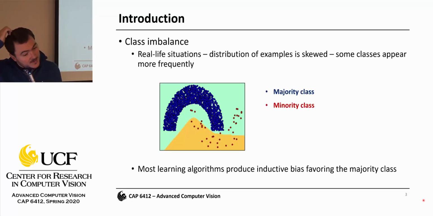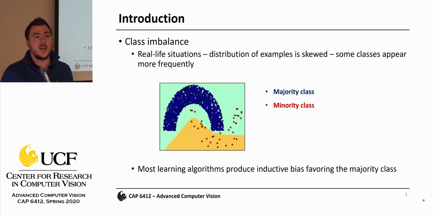So the problem that this paper is trying to tackle is known as class imbalance, which means that in real life situations the distribution of samples is most likely skewed. That means you're going to see more of one class than another class. And they even show here a toy example where the blue dots would be the majority class and the red dots the minority class.